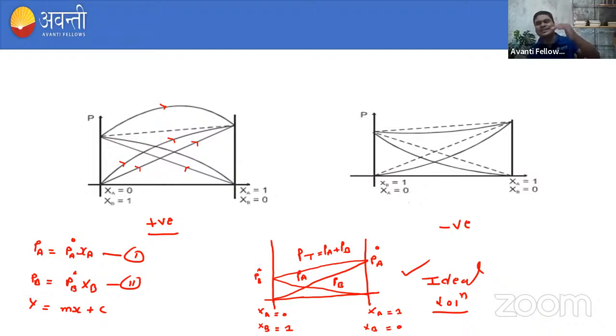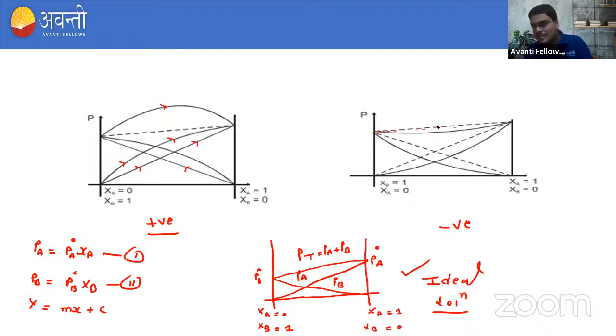So in positive deviation, just draw the curve above all the lines, above the total line, above the PA, above the PB. So this is all about the positive deviation curve. Similarly, in the negative deviation curve, just draw the line below. For example, this dotted line represents the ideal solution.